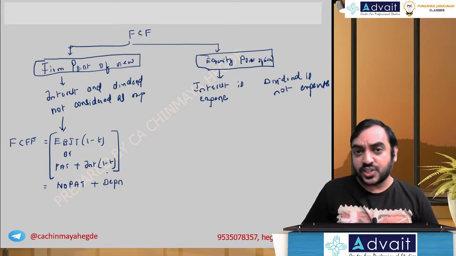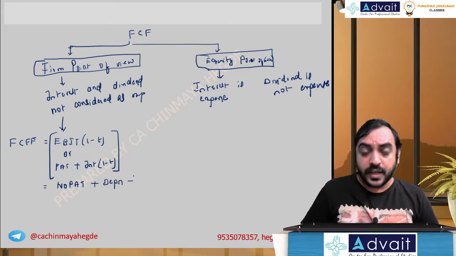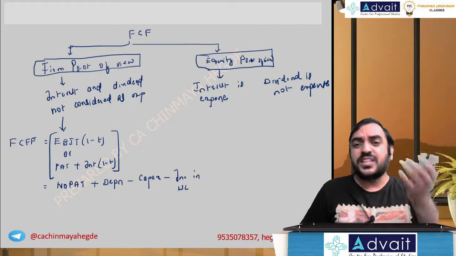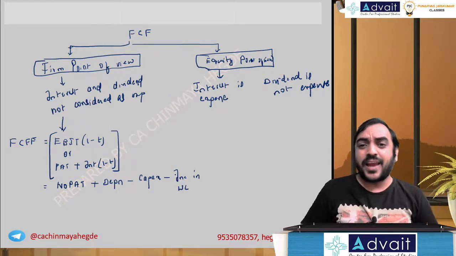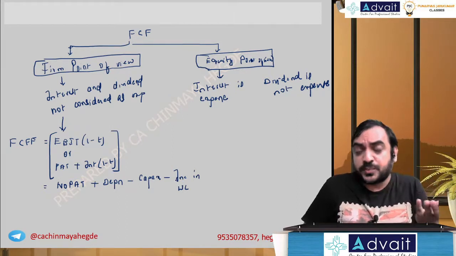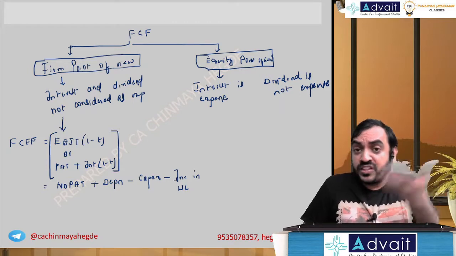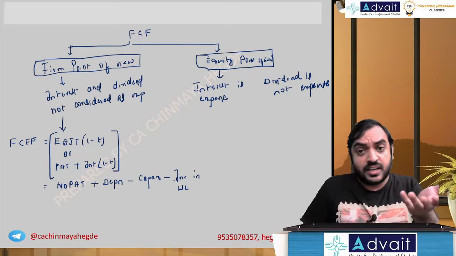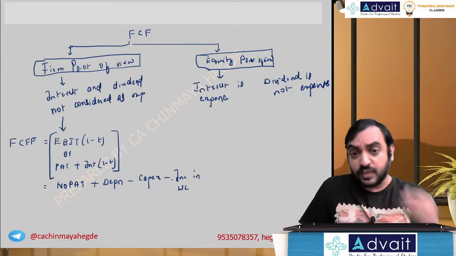because it is a non-cash expense, minus capex, minus increase in working capital. Capex means fixed assets, property, plant, equipment purchases. Working capital increase: for a growing firm, especially, there will be more sales, more debtors, so debtors will increase, creditors will increase, cash will increase, inventory will increase.